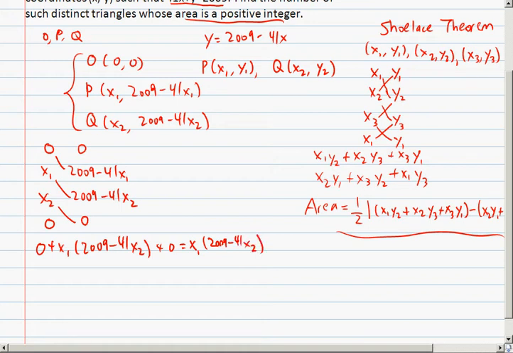Now, we do the same thing for the upward diagonals, from left to right. And we create our shoelace. x1 times 0 is 0. x2 times 2009 minus 41x1, plus 0 times 2009 minus 41x2, which is 0. And simplifying that gives us x2 times the quantity 2009 minus 41x1.